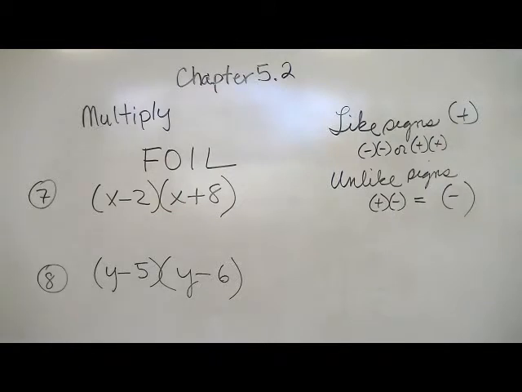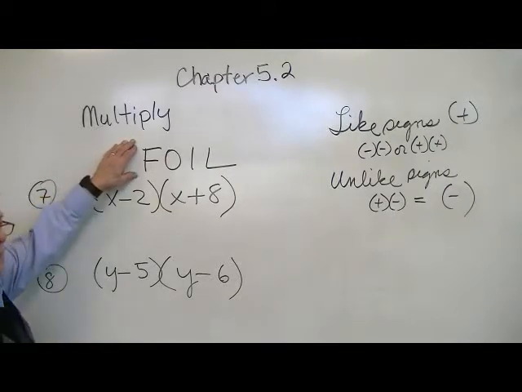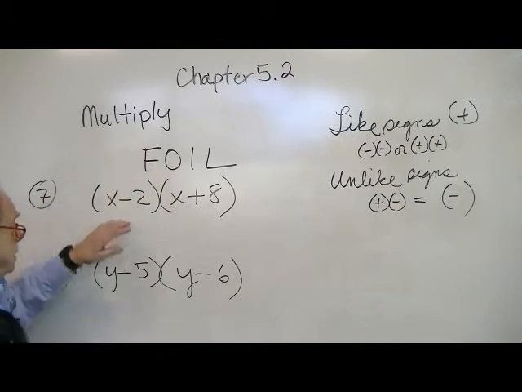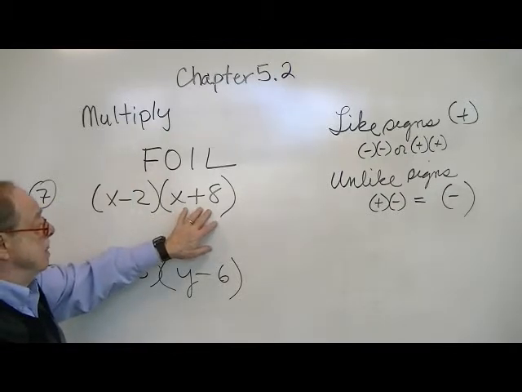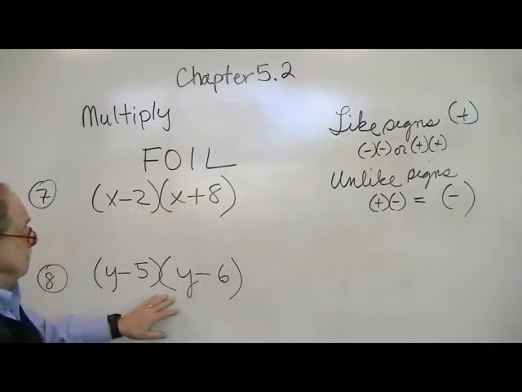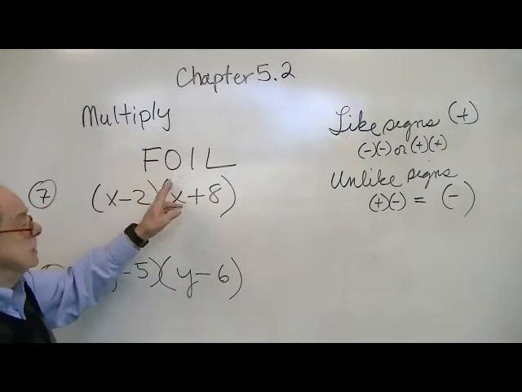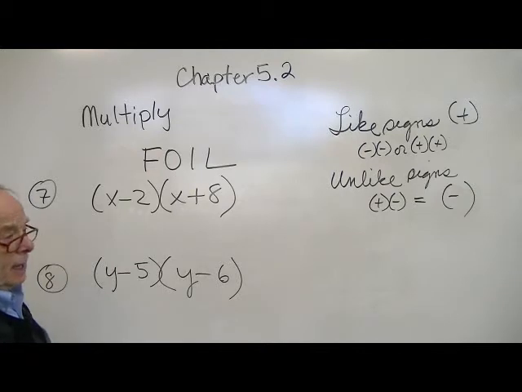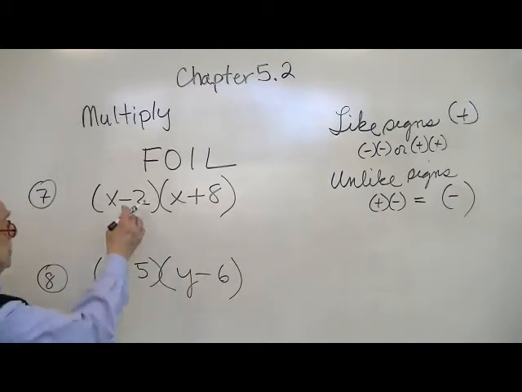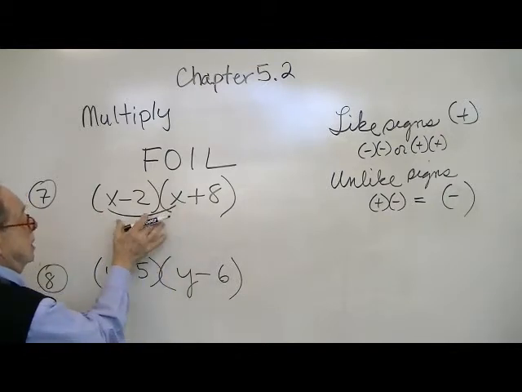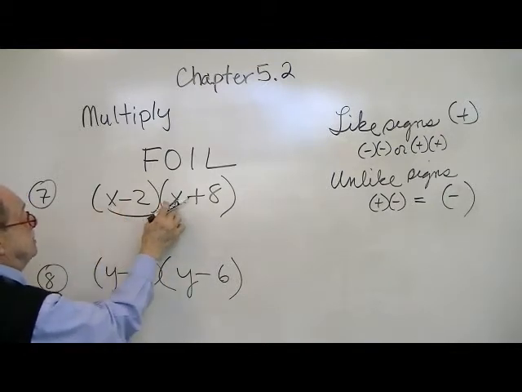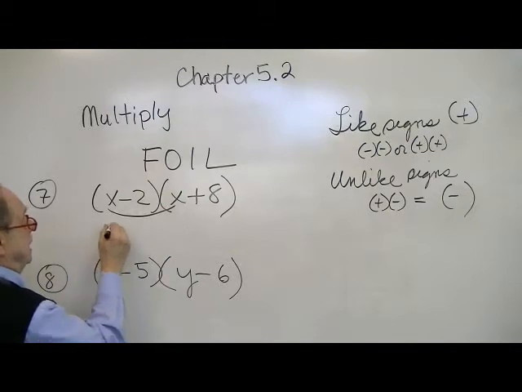Okay, we're now going into a special kind of multiplication when we multiply a binomial by a binomial. And this method is called FOIL. And it comes from the acronym F for the first, multiply the first, x times x, x squared.